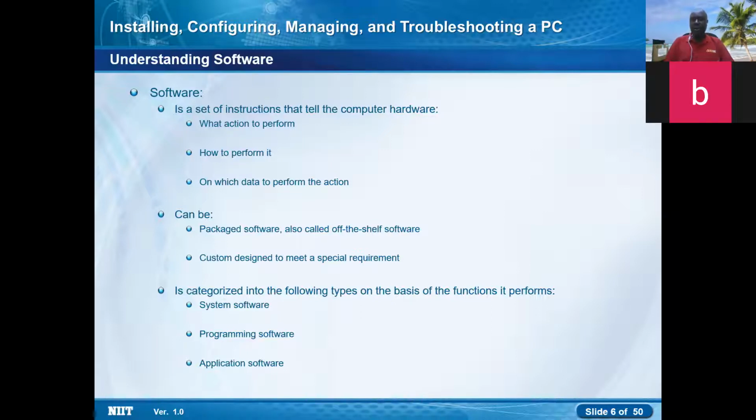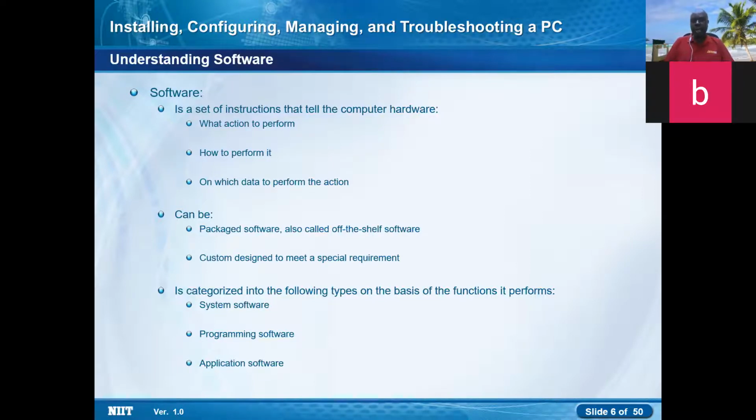But software is also classified in terms of how it is acquired. So there is what is called general purpose package software or off-the-shelf software. This is the software that you can walk into a computer shop and buy off the counter.